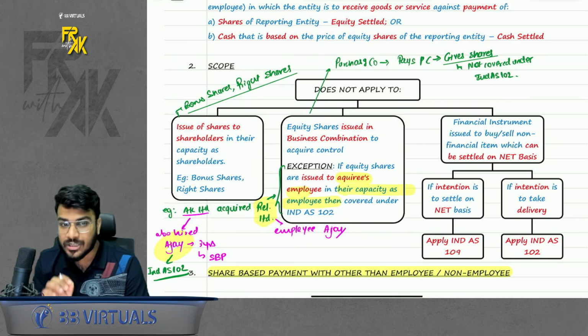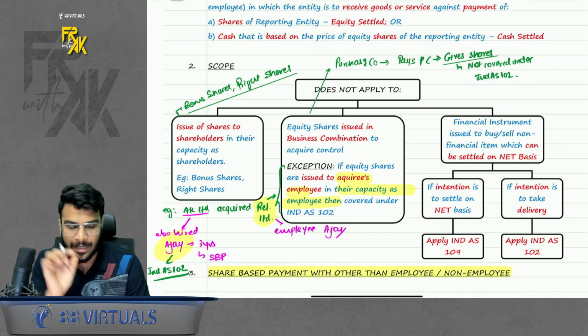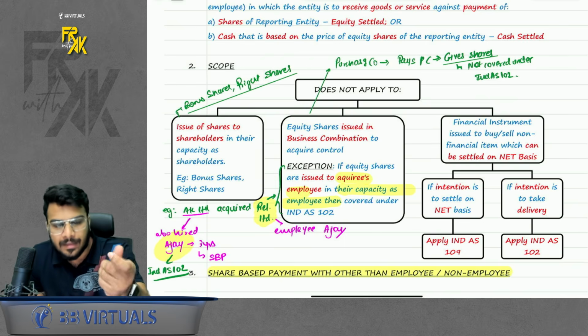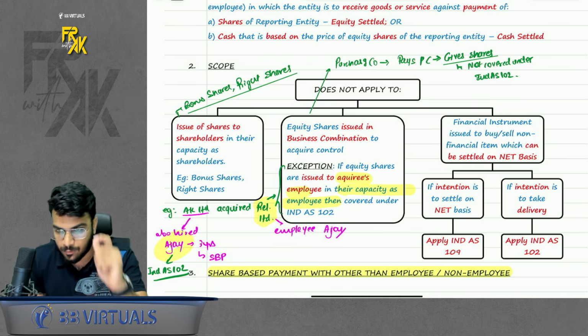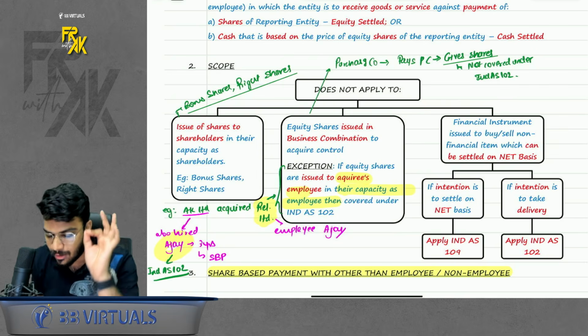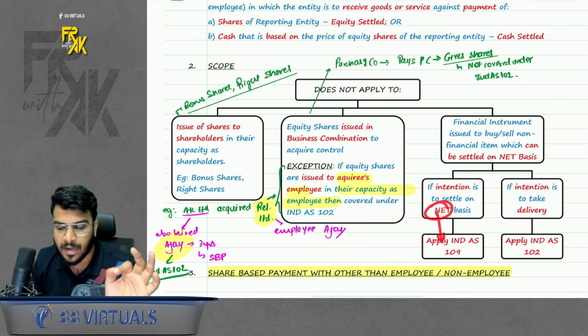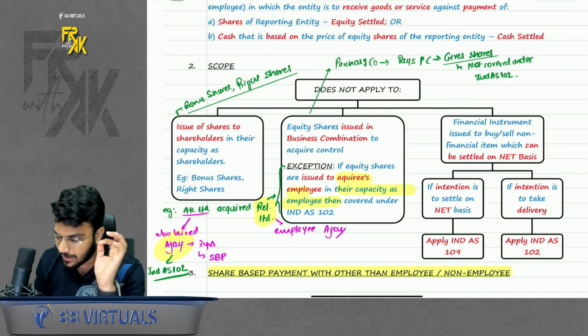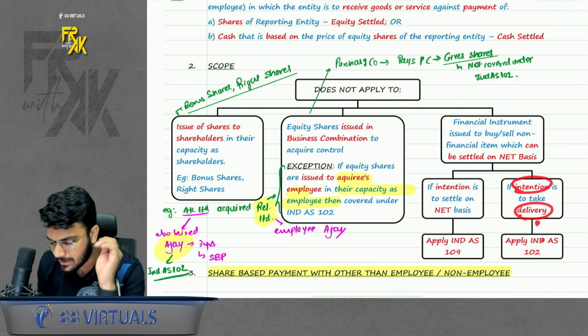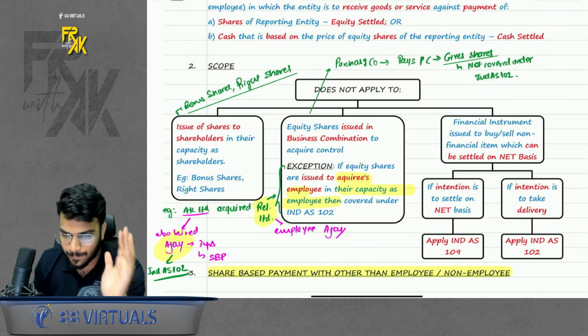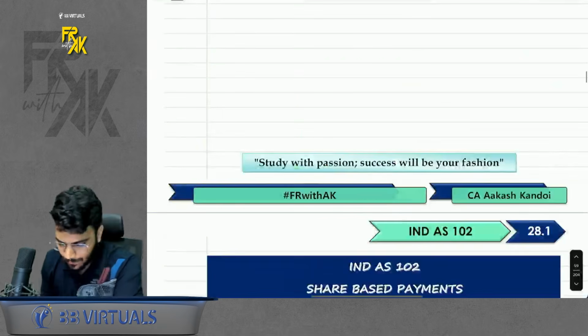If my intention is to settle on a net basis, that means I will not take the iPhone and I will not give the shares, we will just settle the difference between the fair values, then it is not covered here, it will be covered under Ind AS 109. But if the intention is to settle on a gross basis, then it will be covered under Ind AS 102. This was the second point.